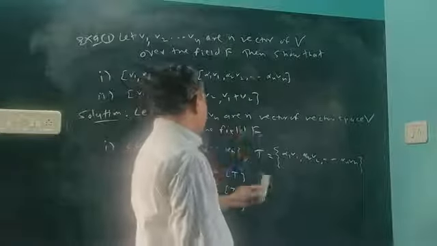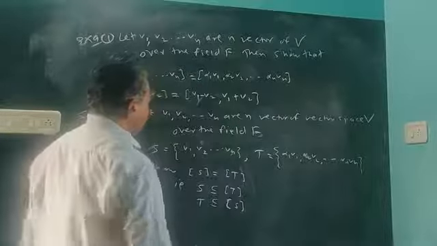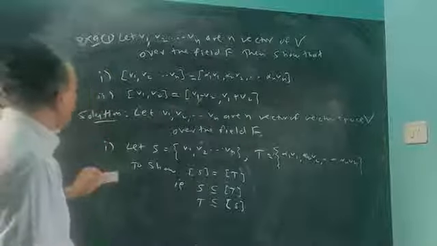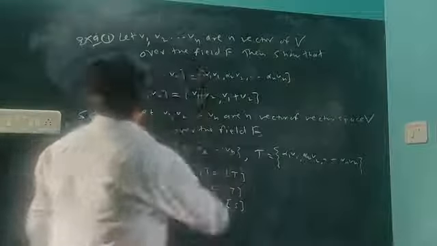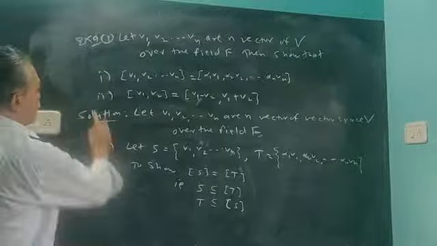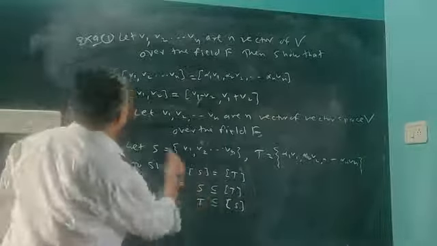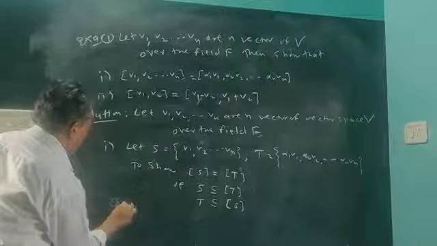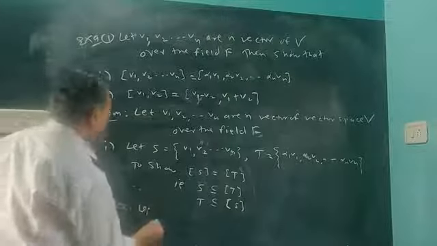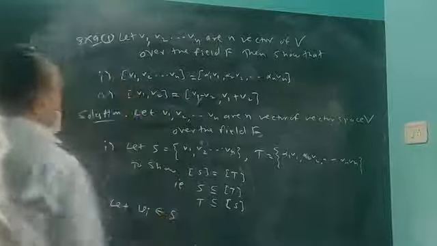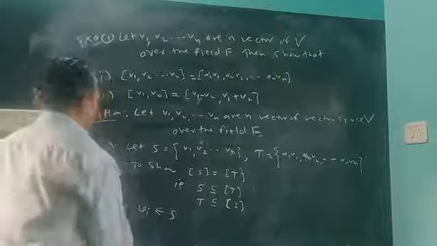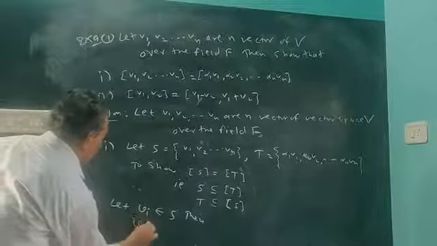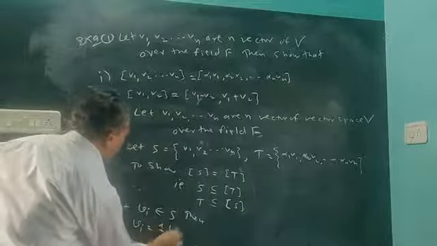Two points here, then the proof will be complete. So S is a subset of span of T: take one vector of S. Let vi be the ith vector of S. Then this vi we express as 1 times vi.